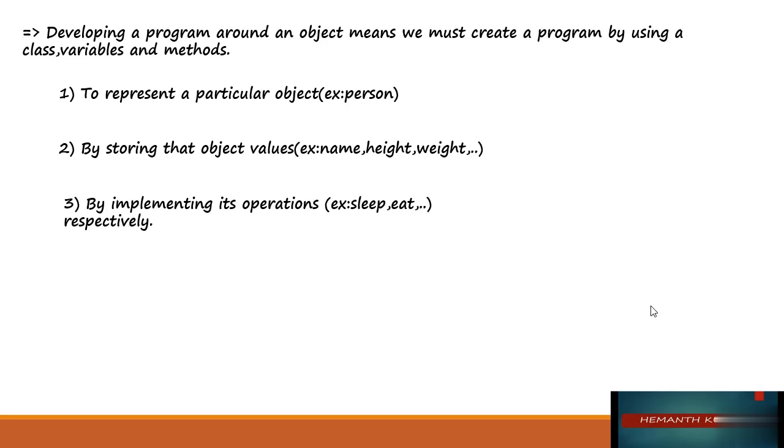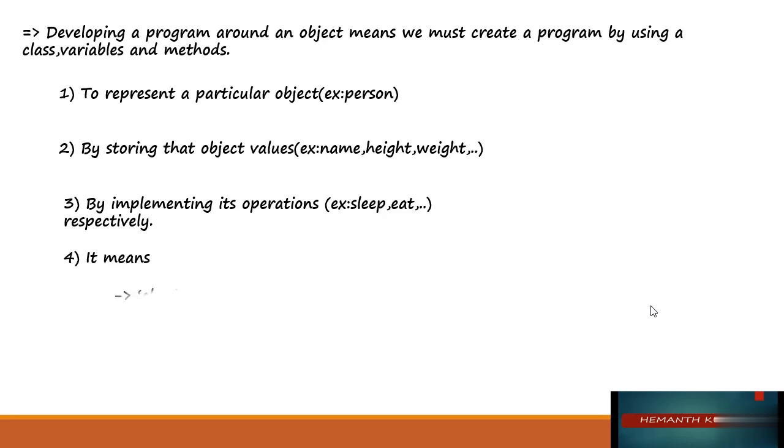When we discuss operations, they are what a person does. What he does is called an operation. A person can sleep, a person can eat, a person can do some other work. All those come under operations. Operation logic we write in methods.